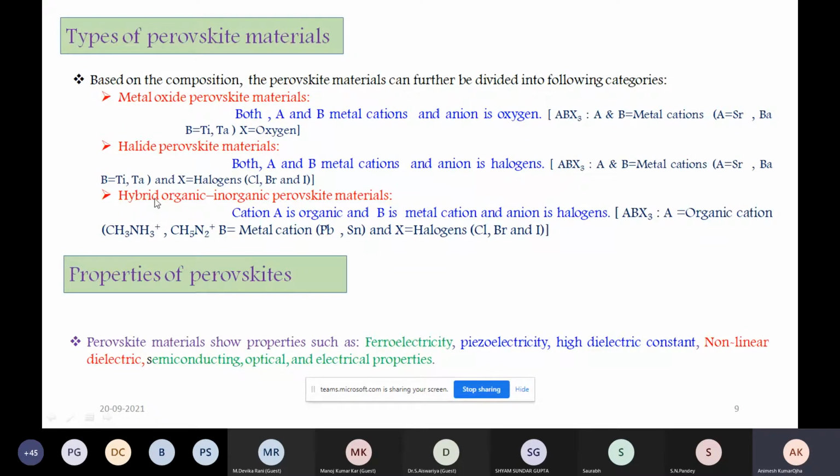And in hybrid organic inorganic perovskite material, cation A is organic and B is metal cation, and the anion is obviously halogen. Okay, so these are the different categories based on the composition of the perovskite material.